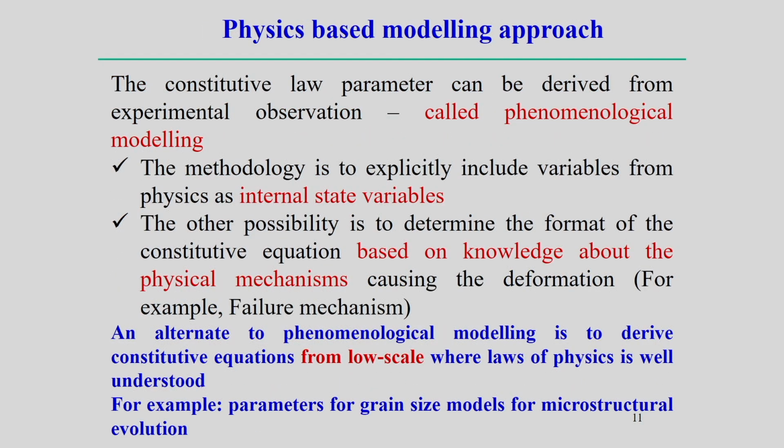Now, constitutive law parameters can be derived from experimental observation, and this is normally called phenomenological modeling. The methodology is to explicitly include the variables from the physics as internal state variables. For example, suppose we want to discuss the recrystallization phenomena that happen at the grain scale or in a mesoscale modeling approach.